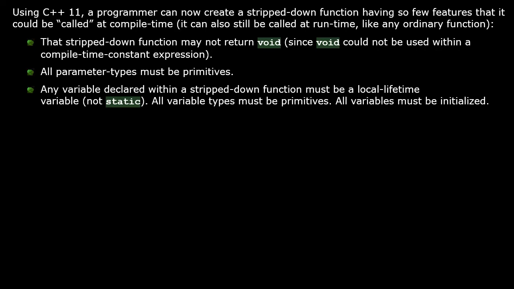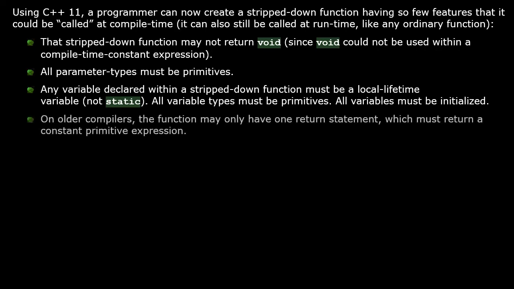Furthermore, all variable types must be primitives, and all variables must be initialized. On older compilers, the function could only have one return statement, which needed to return a constant primitive expression.